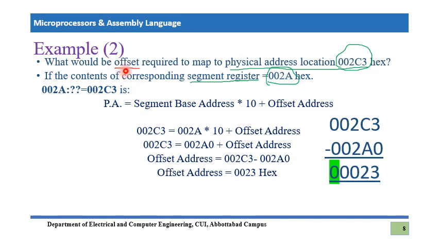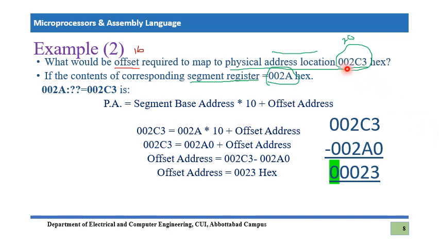The offset part, which we are about to calculate, must be 16 bits. Similarly, we are given a physical address, and that is 20 bits. One can see that these are 5 hexadecimal symbols, so these are 20 bits.